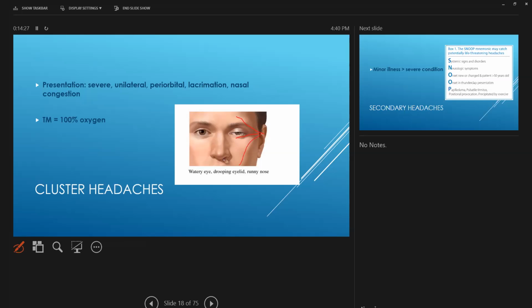And so basically everything that trigeminal nerve targets can have some abnormalities, and that's why we get the lacrimation and the drainage or congestion in the sinuses. Now this is not truly trigeminal neuralgia because it's an actual bang headache, and it lasts for a short period of time, where trigeminal neuralgia is going to be more chronic in nature, but kind of that same distribution of nerve is affected.